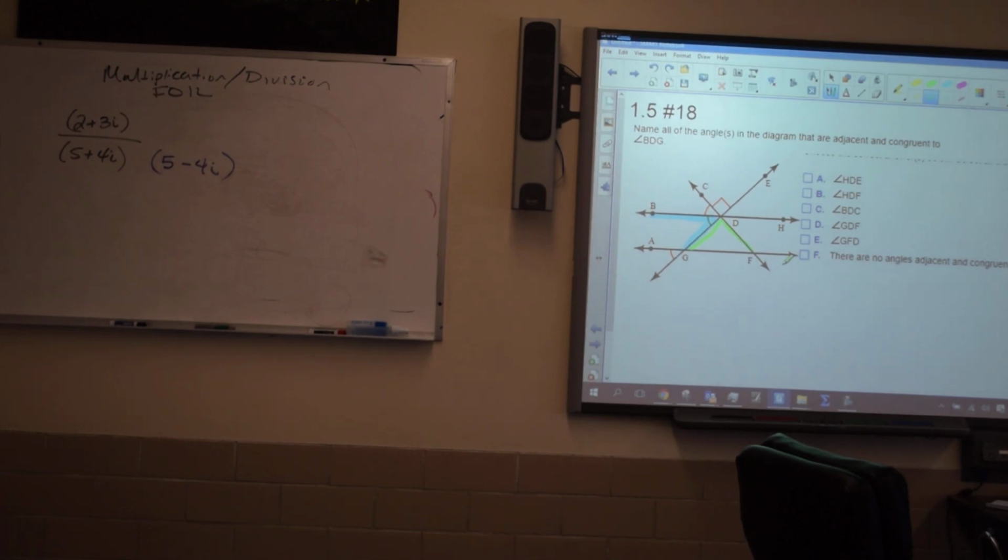So another thing in this class, and in all math classes, the word and and the word or change the entire meaning, the entire way we view the question. And means you have to have both pieces of criteria. If it said or, you go through, mark all the ones that are adjacent, and then go through again, mark all the ones that are congruent. Okay? If it says and, you need both pieces. Is that doable? Okay. So that's 1.5.